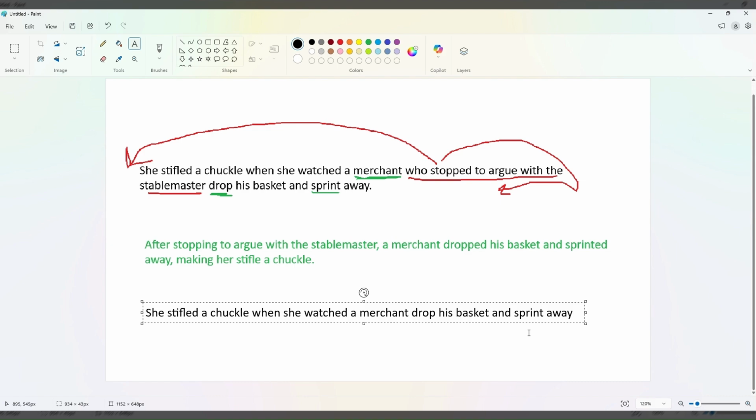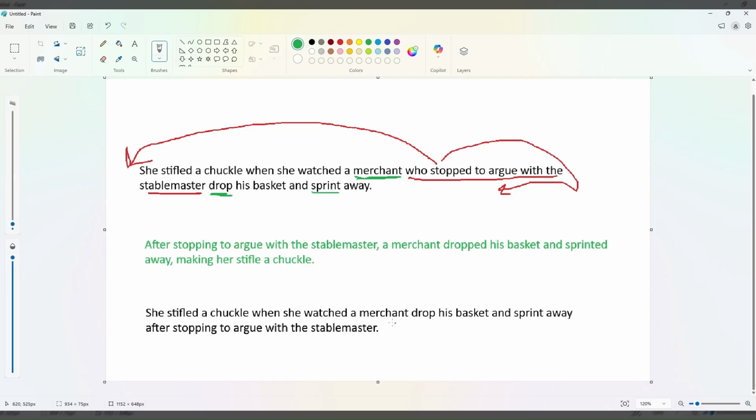Oops, bad typer. After stopping to argue with the stable master. So that's something we could do.